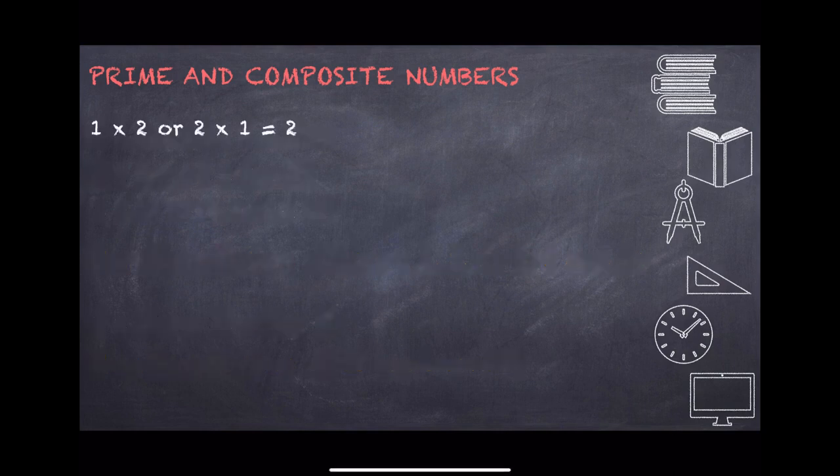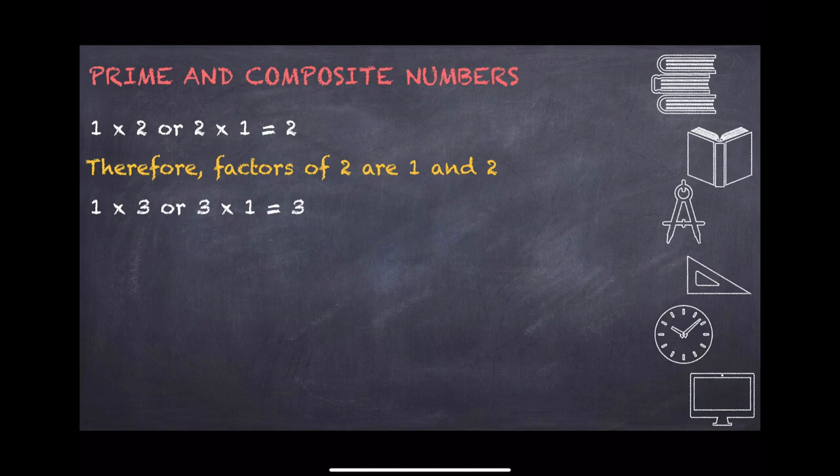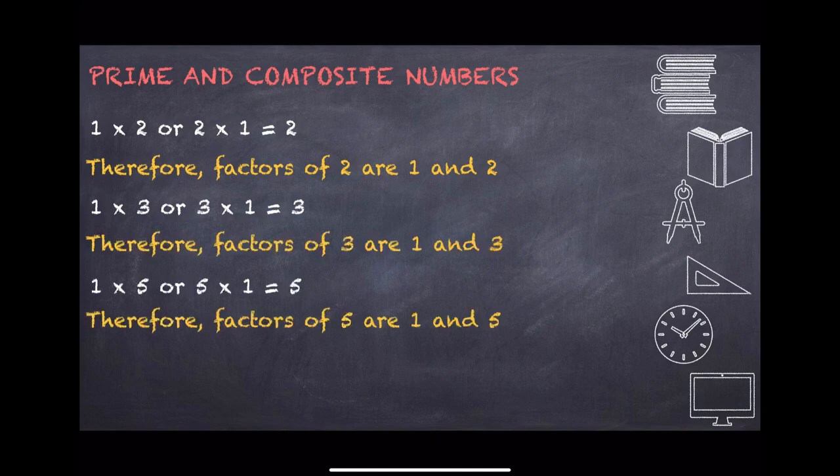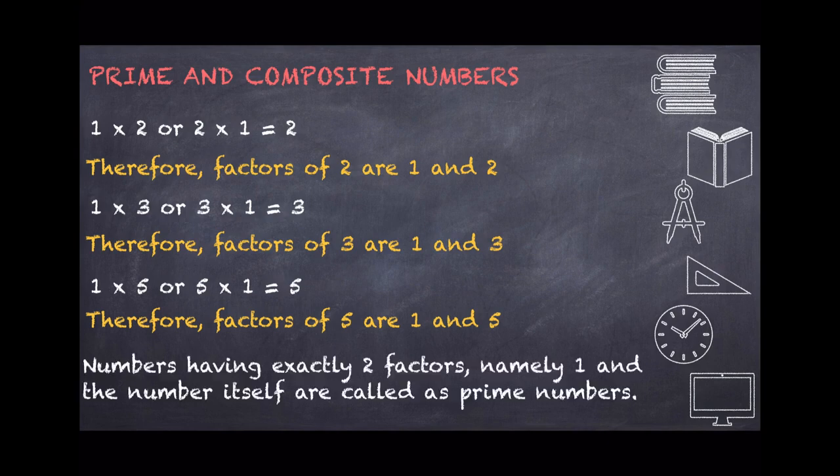Similarly, 2, 3 and 5 have only 2 factors, 1 and the number itself. So each of the numbers which have exactly 2 factors, namely 1 and the number itself, is called a prime number. 2, 3, 5, 7, 11, 13, etc.